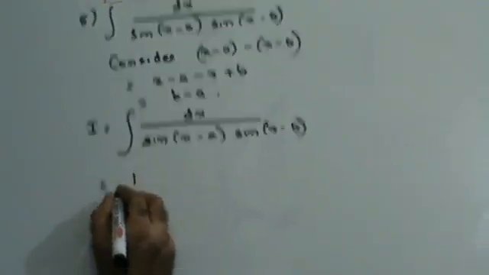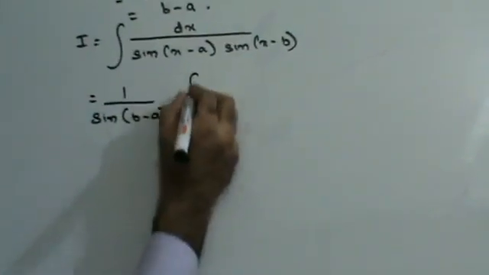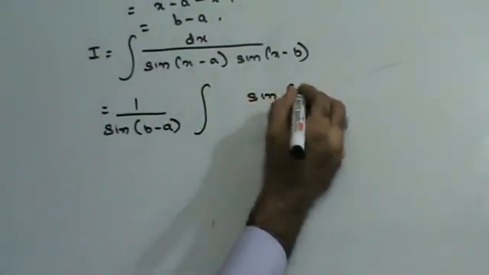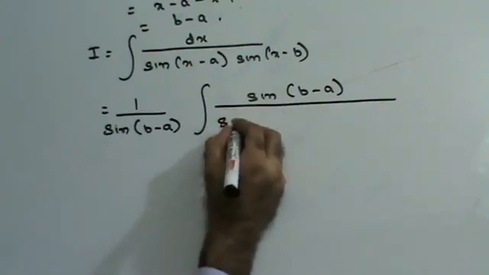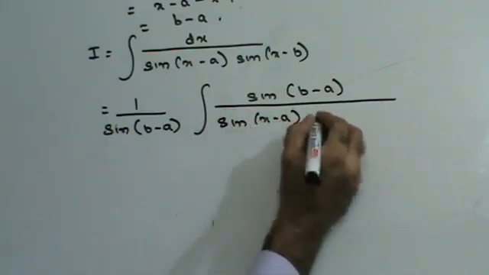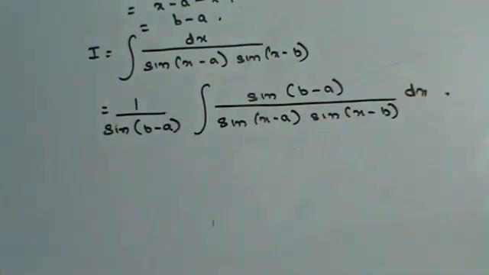So I'm going to divide by sin(b minus a), and I'm going to multiply by sin(b minus a) upon sin(x minus a) sin(x minus b) dx.